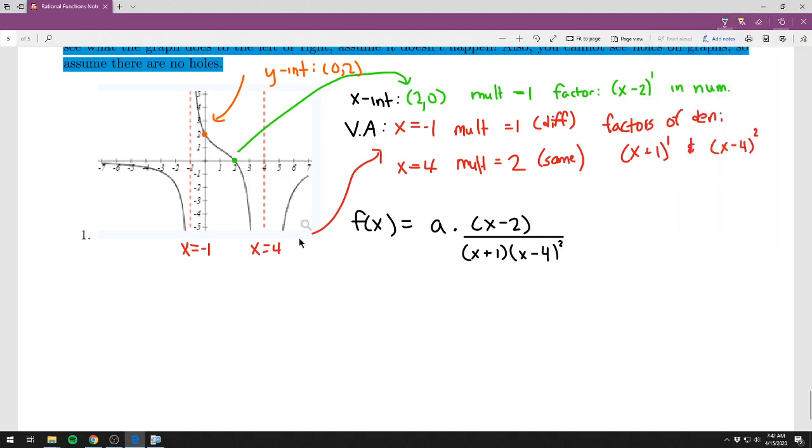All right, now let's go ahead and plug in x is 0 and y equals 2 to get a. We've got 2 equals a times 0 minus 2 over 0 plus 1 times 0 minus 4 squared.